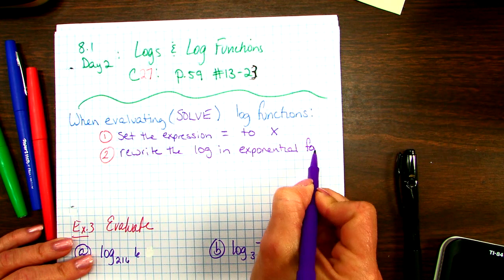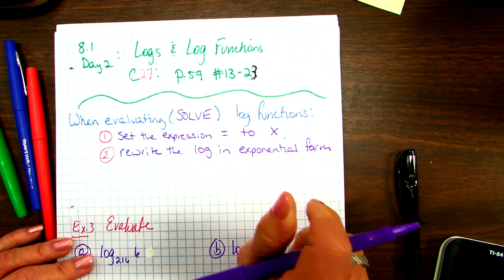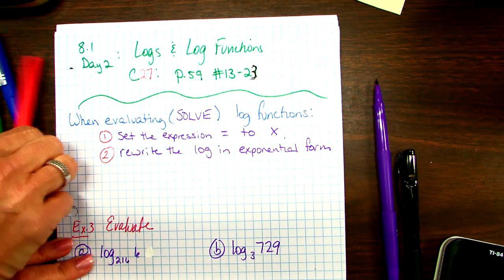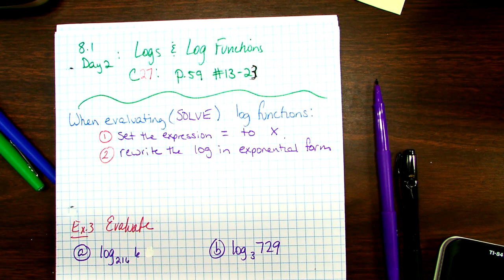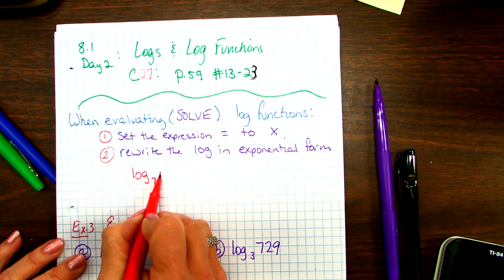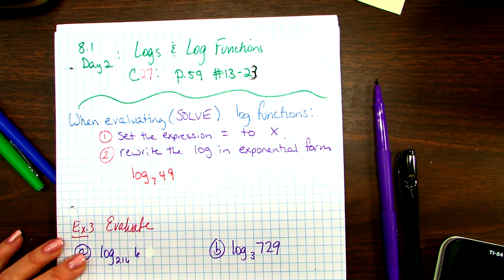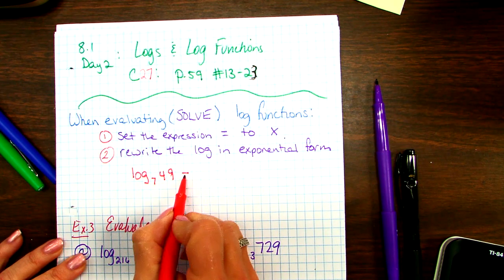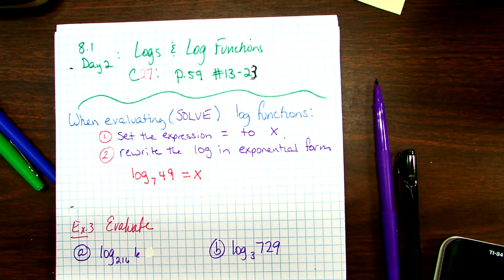If you weren't here yesterday, what we learned yesterday was, if you're given a log, the way you would read this is log base 7 of 49 equals x. That is log form. It has the word log in it.